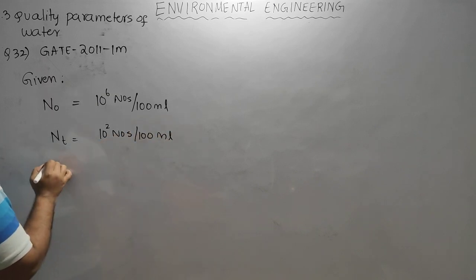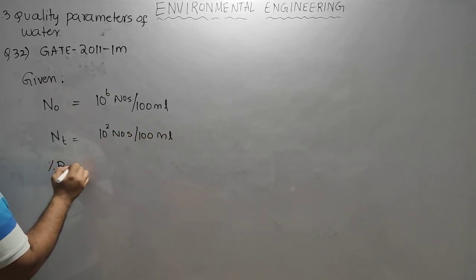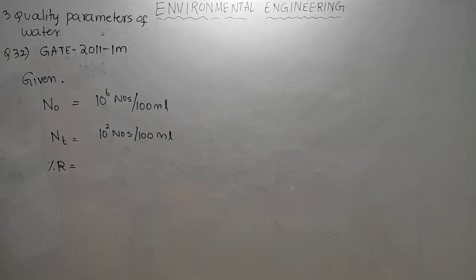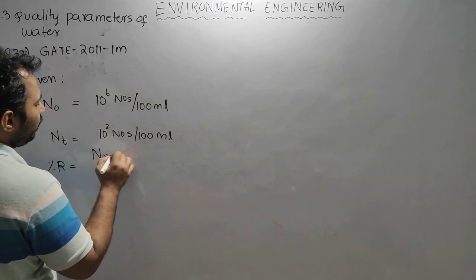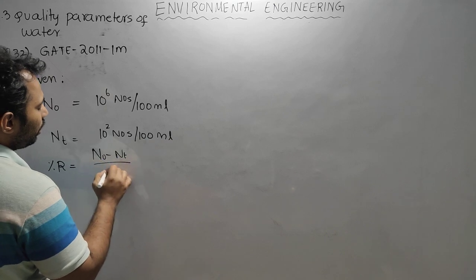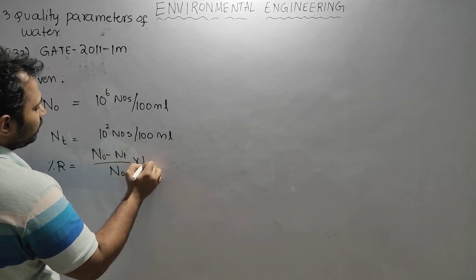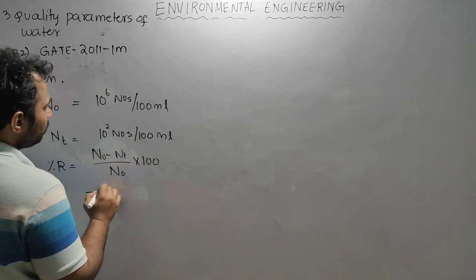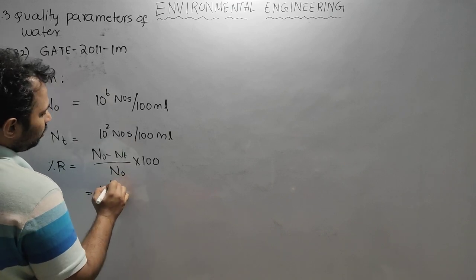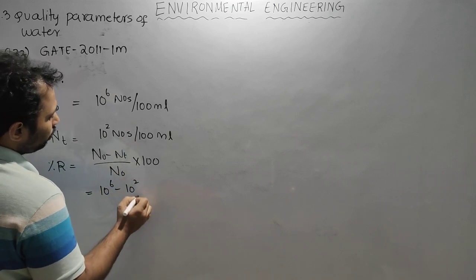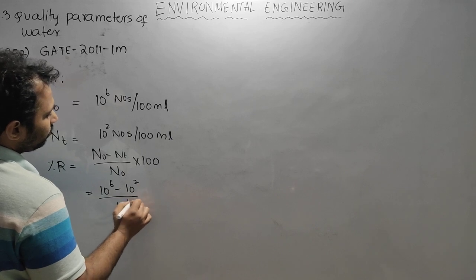So what is the efficiency he is asking? Percentage R. Efficiency is nothing but N naught minus NT by N naught into 100. So 10 to the power of 6 minus 10 to the power of 2 by 10 to the power of 6.